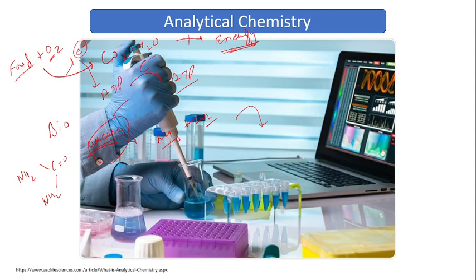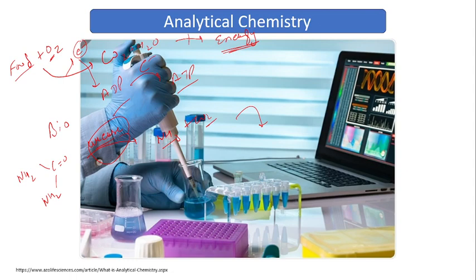It depends on what the form of your sample is, what element or compound you are going to analyze. Do you want to measure weight, how much weight is gained or lost? Then we will use TGA. If you want to analyze phase transition, then also thermal techniques. If you want to analyze elements, it depends on whether you want to analyze qualitatively or quantitatively.